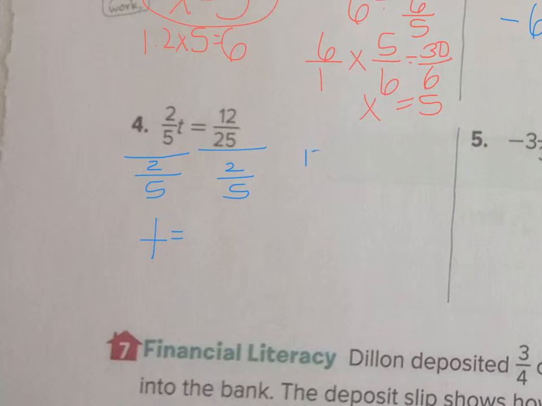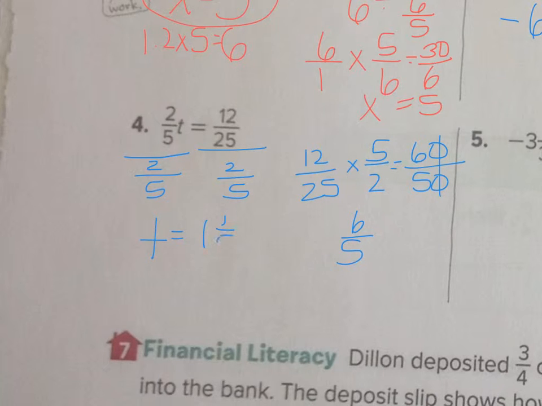So when we take 12/25 divided by 2/5, that's the same as multiplying by 5 over 2. And when we do this, when we take 12 times 5, we are left with 60. And when we take 25 times 2, we are left with 50. And when we simplify this, we're left with 6/5, or 1 1/5.